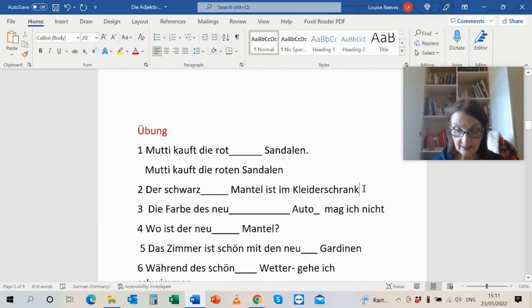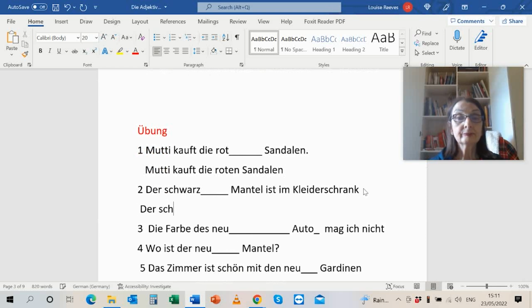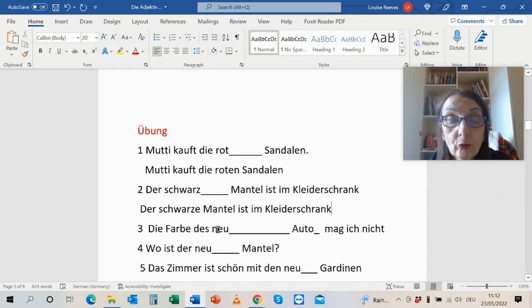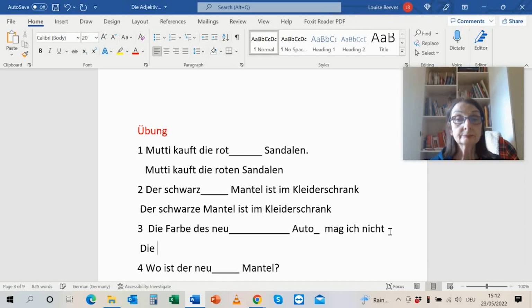So: der schwarze Mantel ist im Kleiderschrank. Die Farbe des. Okay, so des tells me it's going to be my genitive, and we know that all of the genitive adjectives end in en. Die Farbe des neuen Autos.